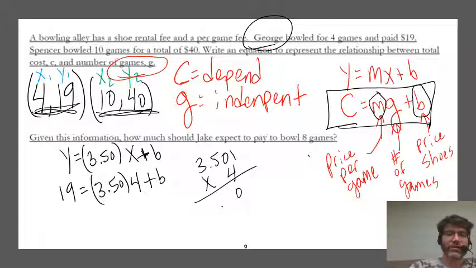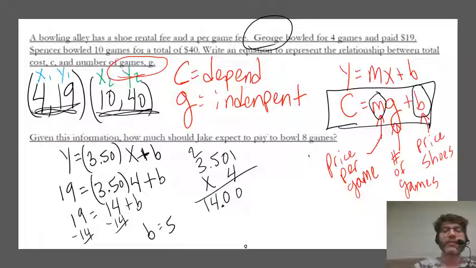So that's 0, that's 20, that's 12, 14, right here, $14. Okay, so I got 19 equals 14 plus b. I subtract 14 from both sides. 19 minus 14 is 5, so b equals 5.